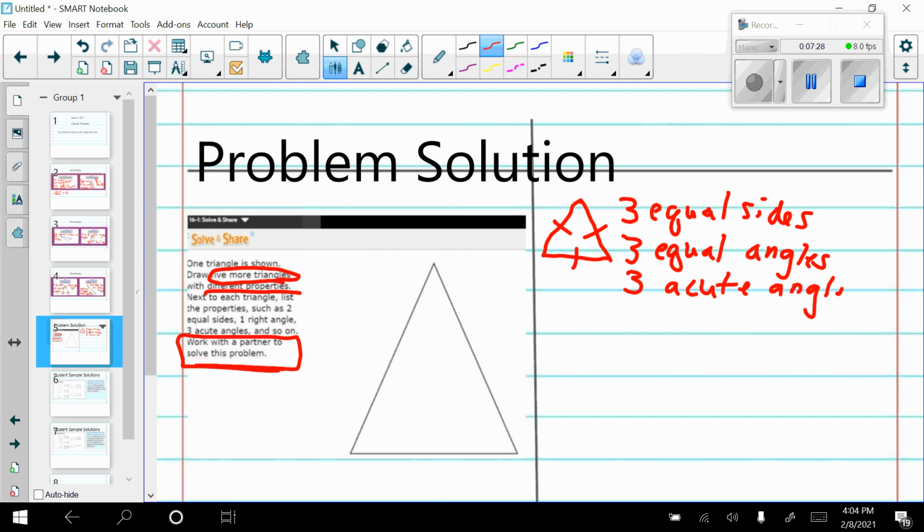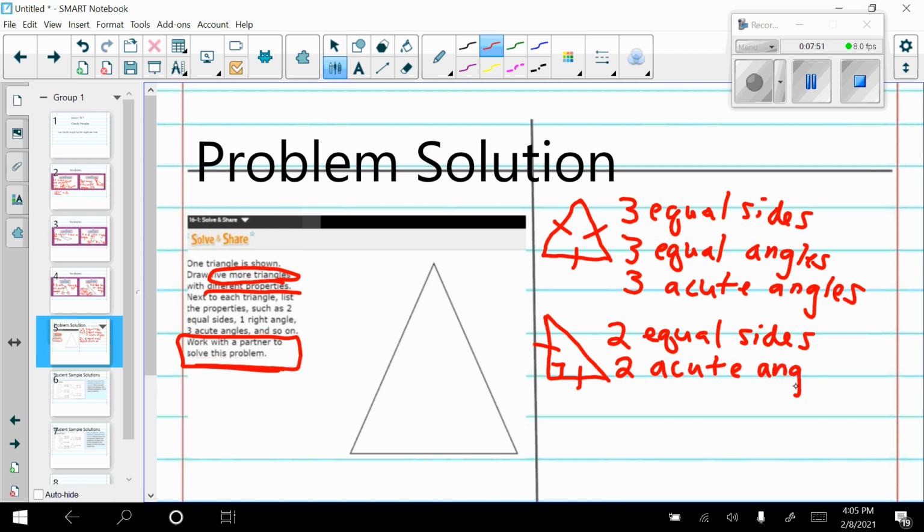So basically, I'm just classifying and writing down all of the characteristics. Okay, this is going to be my next one. That's an isosceles triangle. So it has 2 equal sides, 2 acute angles, and 1 right angle.